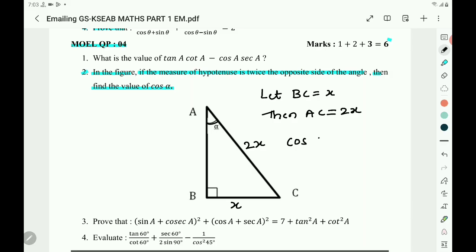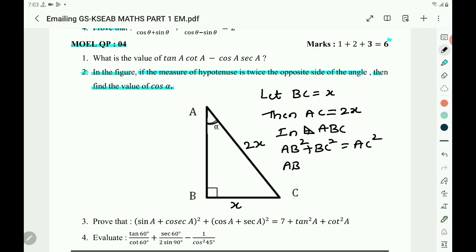Cos alpha. Cos is adjacent side by hypotenuse. Here AB is to be found out. Adjacent side is AB for this alpha. To find AB, we have to use the Pythagoras theorem. Then you write, in the right angle triangle ABC, AB square plus x square, or you write BC square is equals to AC square.